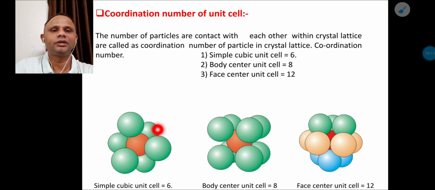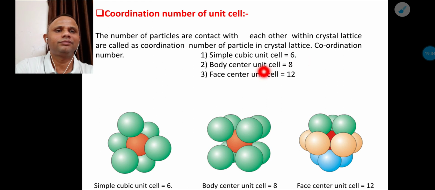If you see, if this is a center atom, any atom, and these are the possible contacts with neighbor atoms, that means 6 atoms are there. So the coordination number for simple cube will be 6.